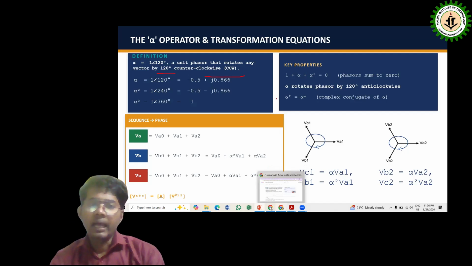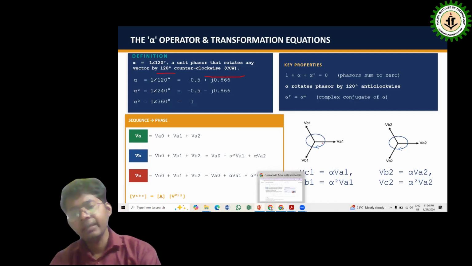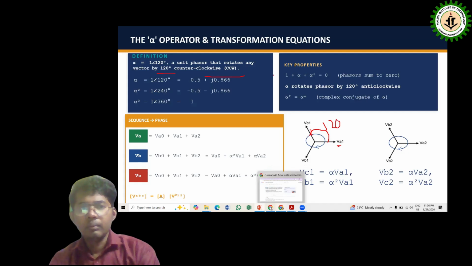Alpha can shift any vector. Suppose the vector VA1, the alpha can shift this VA1 from here to here, 120 degree anti-clockwise direction, by multiplying with alpha.